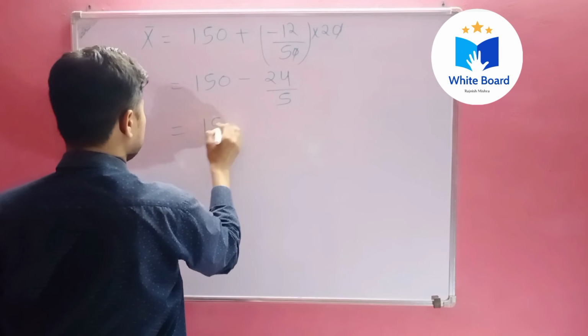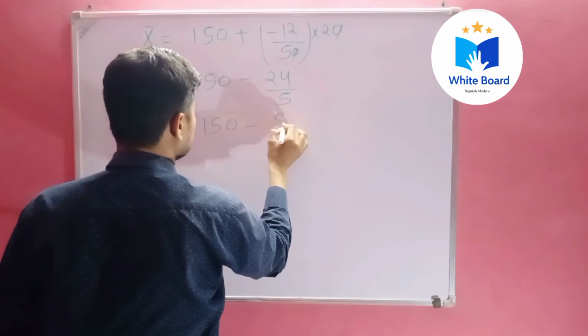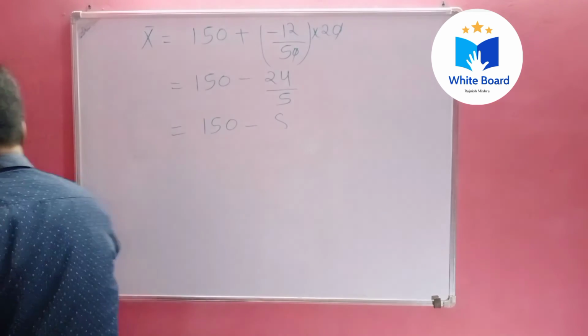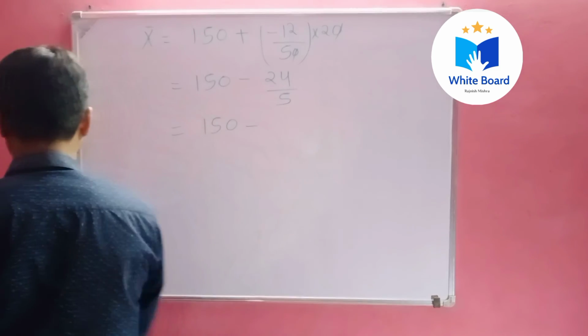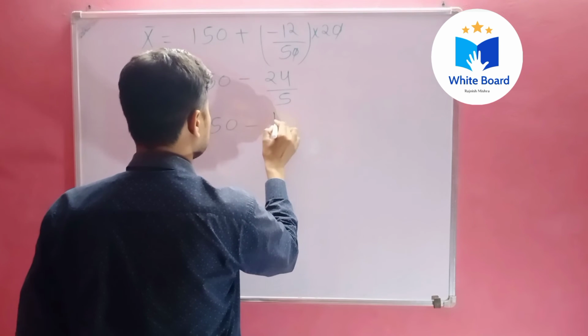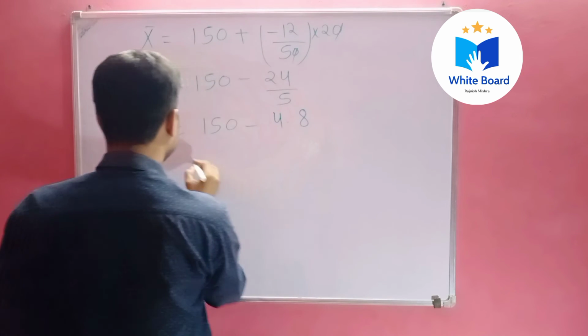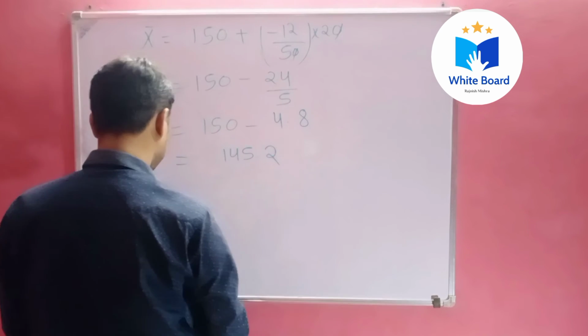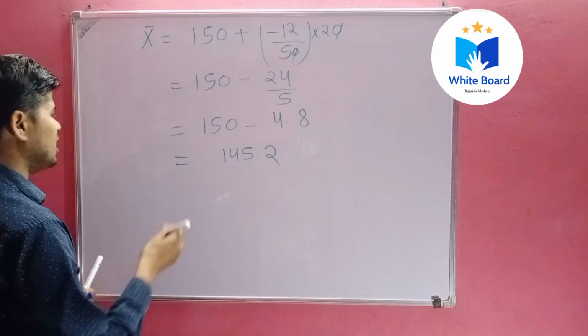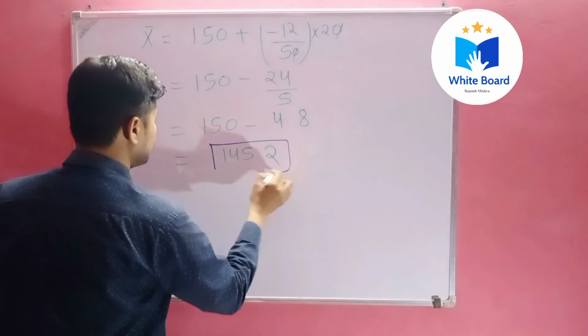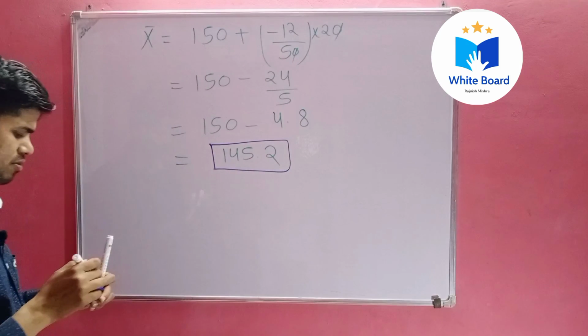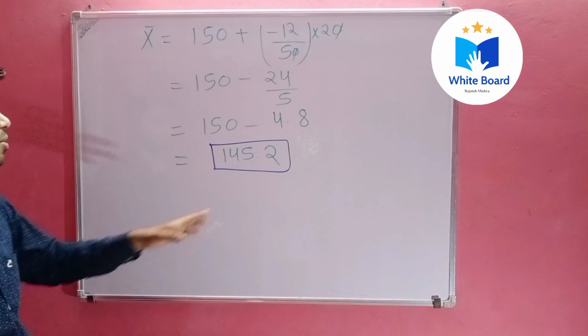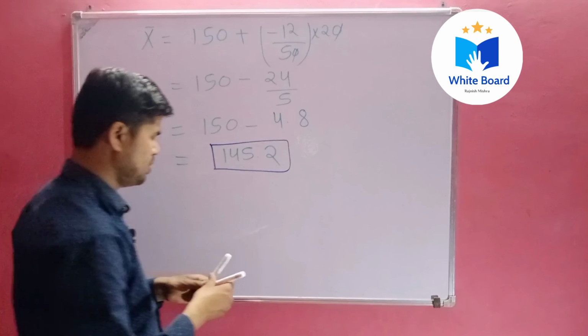This is equal to 150 minus 4.8, and here we get 145.2. This is the desired result of our question. That is the mean wages of the workers, 145.2 rupees.